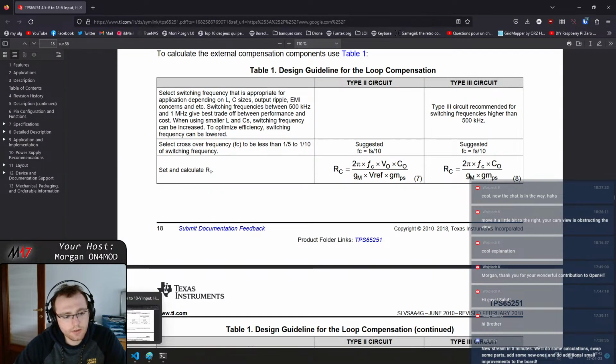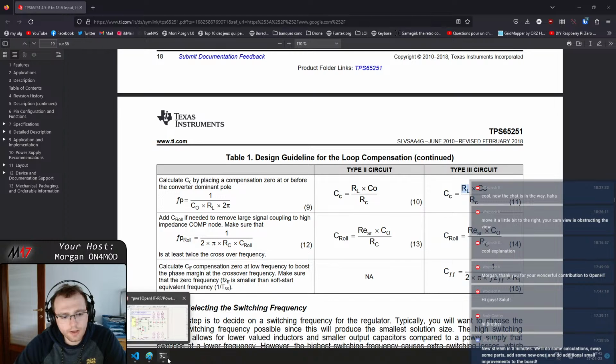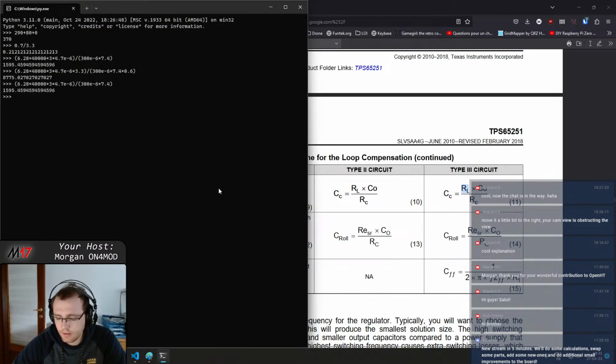Then we keep going on the data sheet, and we see that this is RL. So RL, we are gonna have about 500 milliamps. Yeah, so it's equivalent to about 6.6 ohms. So we have 6.6 times 3 times 4.7 micro, all this divided by RC.